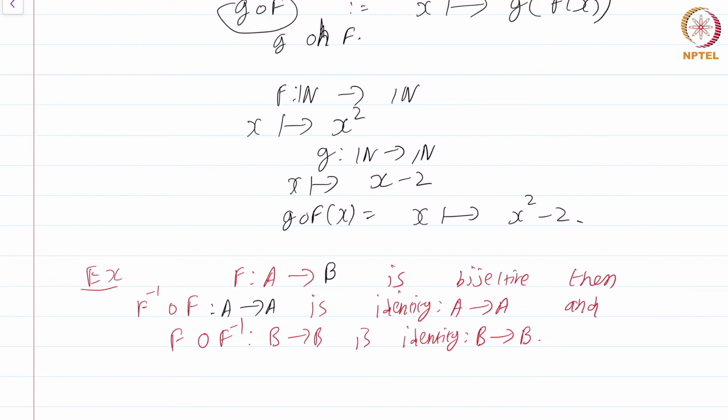When you compose a function with its inverse, you get back the identity function, except you will have to be careful which set it is the identity function on.